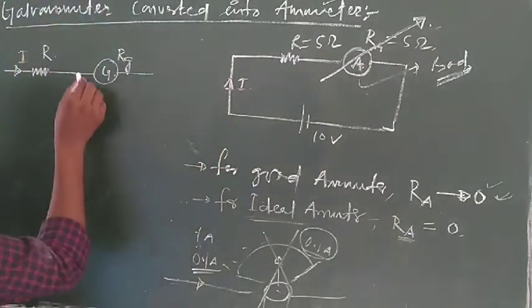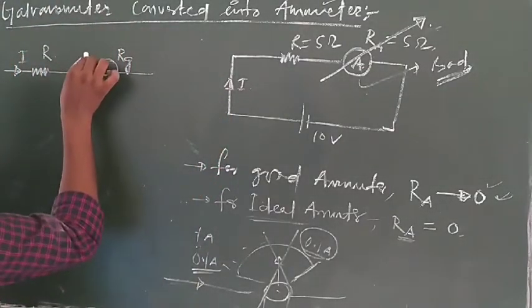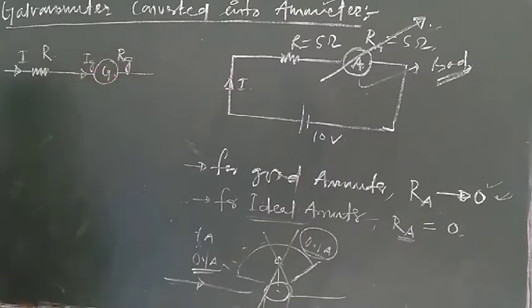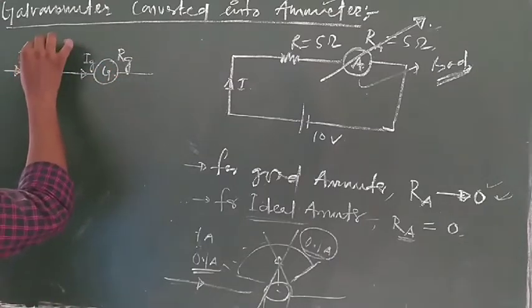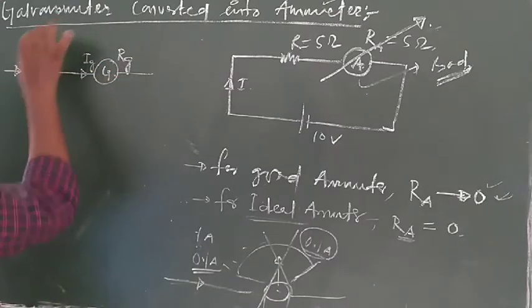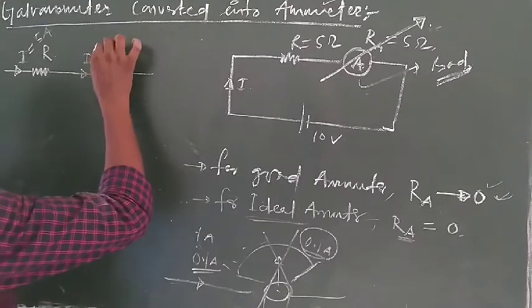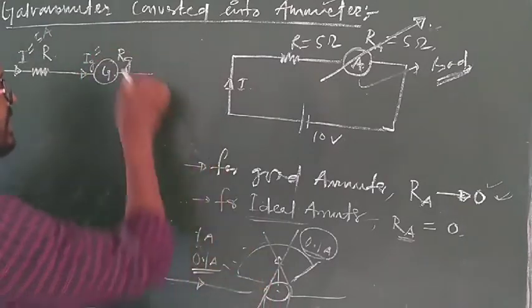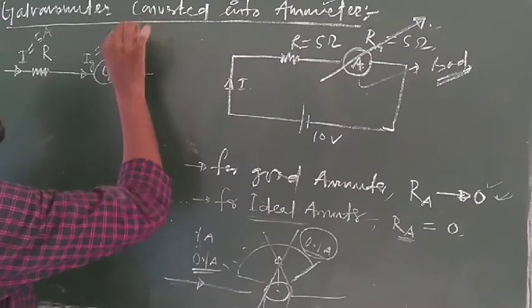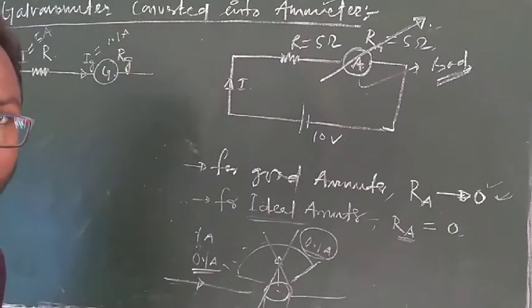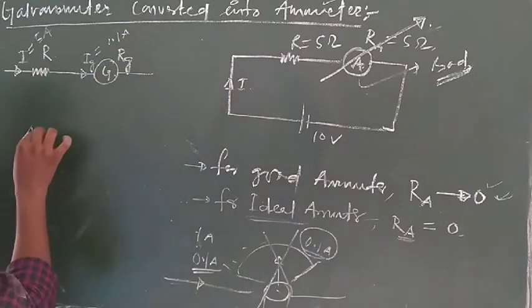So if a current I flows through the circuit, the galvanometer accepts only a small amount of current, Ig. Suppose the total current is 5 ampere and Ig, the full scale deflection current, is 0.1 ampere. The remaining current is 4.9 ampere.